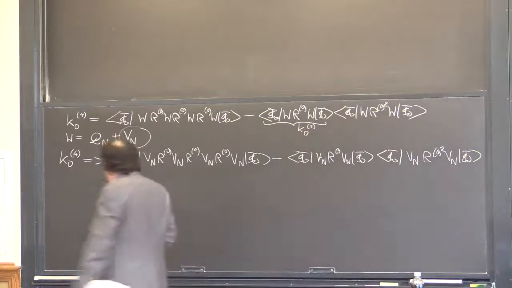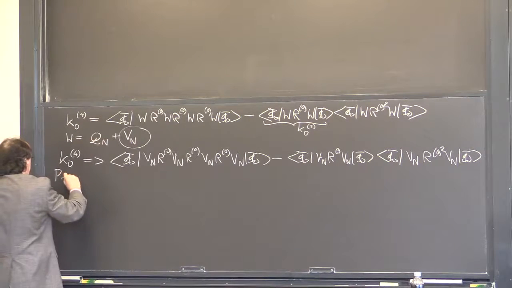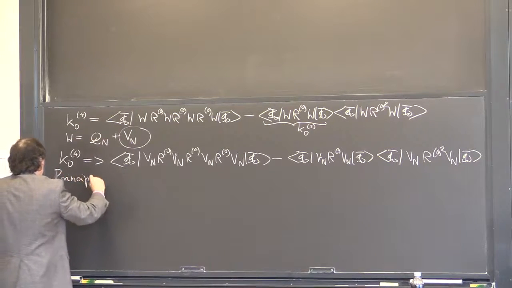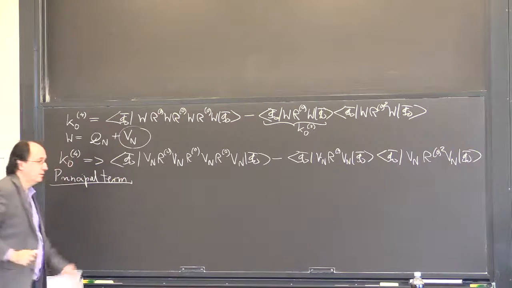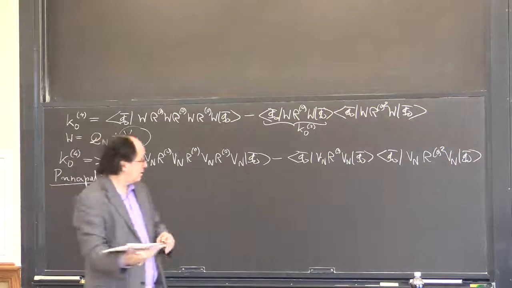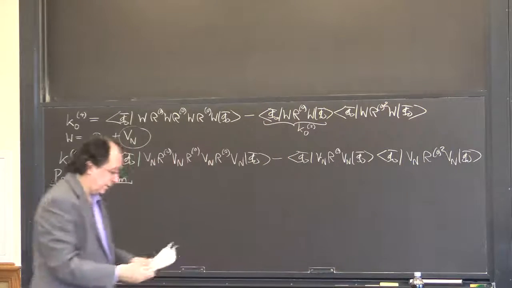And what we would like to do now is to evaluate both of these terms. I'll start with the principal term. And when we're done with it, we'll start analyzing the renormalization term, okay, and its role in the entire calculation.